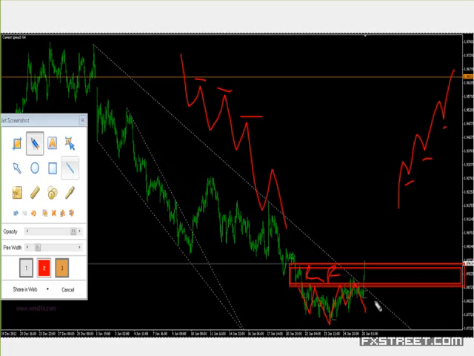Some of you might be even looking at that and going, look, there's an inverse head and shoulders. But that is the block that's been containing the price. Now, if you've been trading long on this instrument, and I know I've spoken with quite a few guys over the course of the last few weeks about this instrument setting up as it was falling, and we were talking about that 87 price handle and what the expectation will be once the price reaches there.